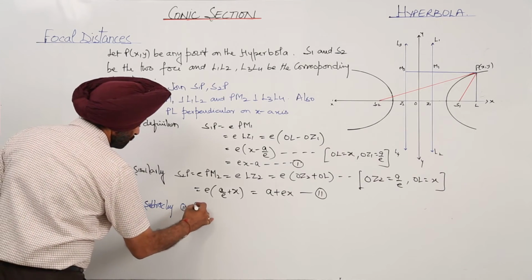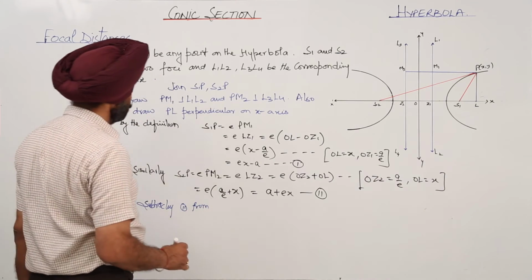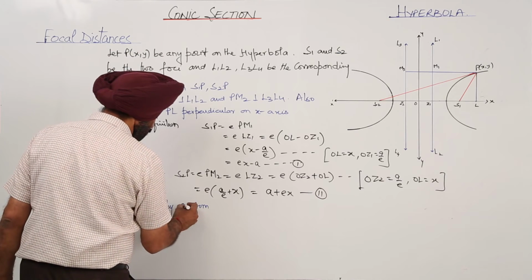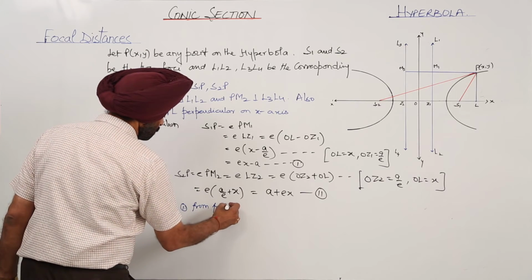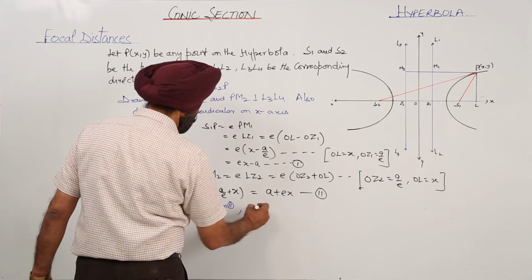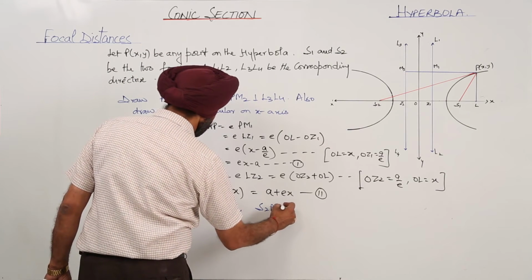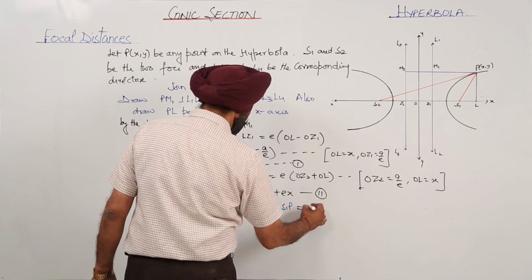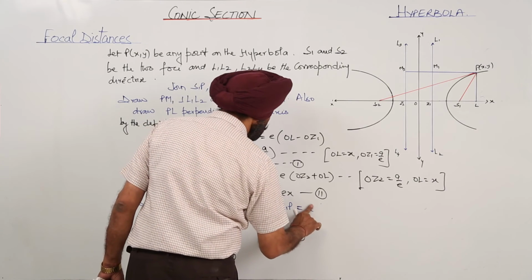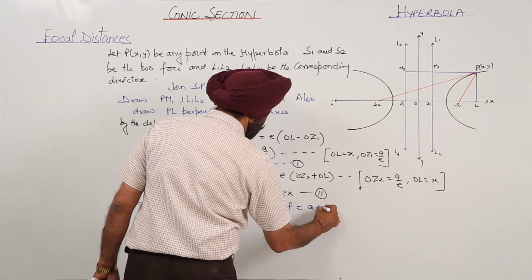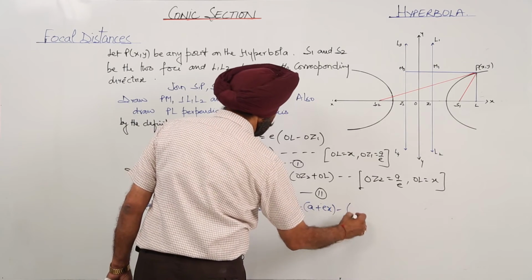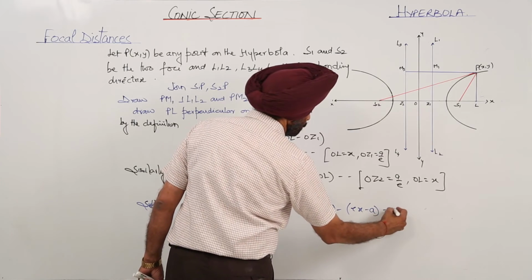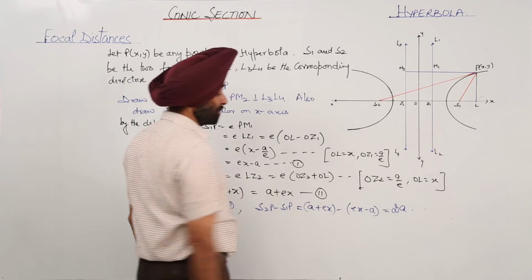Now subtracting 1 from 2, S2P minus S1P is equal to (a plus ex) minus (ex minus a), and this is equal to 2a.